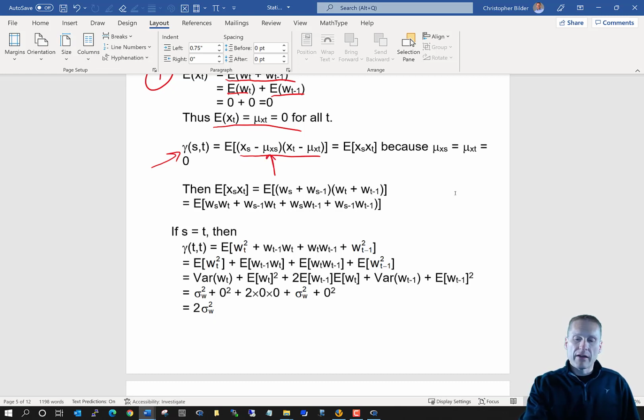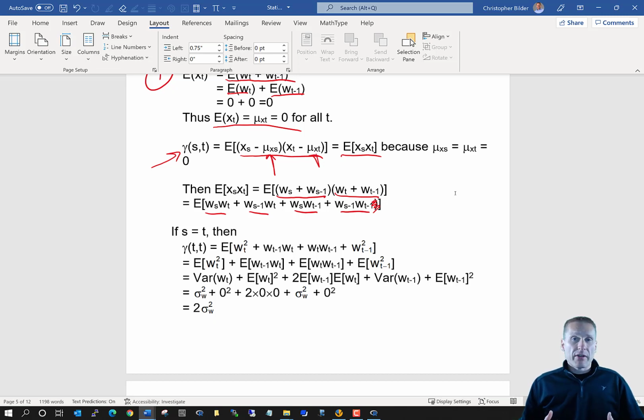We just found the mean to be always equal to 0, so this simplifies down to simply finding the expected value of x of s times x of t. Okay, so similar to what we've done previously in the notes, we write out what x of s is and what x of t is. I then multiply everything out as shown here. That's an extra parentheses that we don't need.